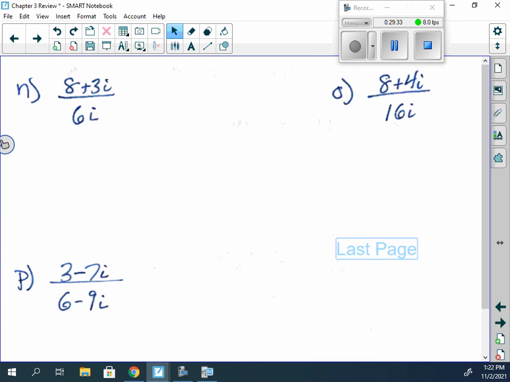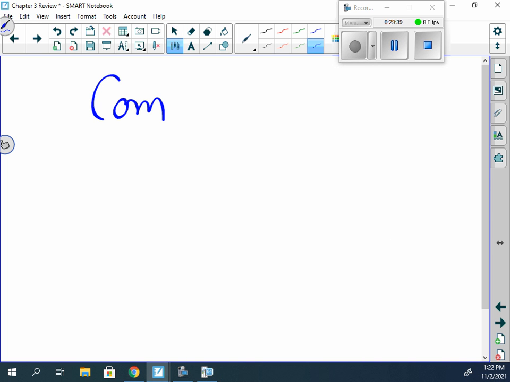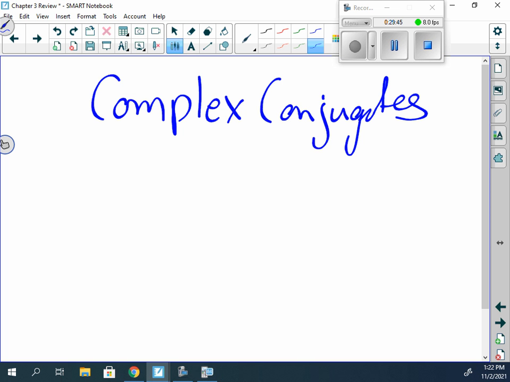And really that's the rest of it with division. Now the only other thing we have is the complex conjugates. Complex conjugates weren't included on there, but I don't think they're too terribly difficult.